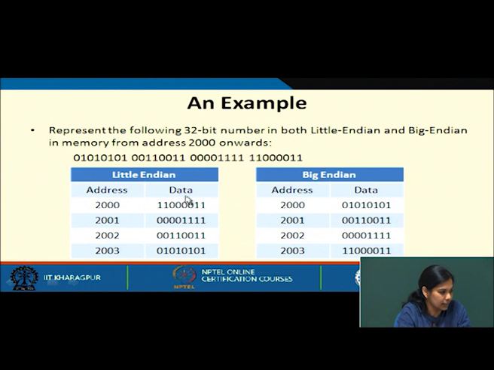And here the higher order byte is stored in lower address, then the next byte, then the next byte and then this one. So, just see the difference between these two. In little endian, what we are storing? This is the least significant byte, we are storing in the least address, that is 2000, and then the next one and next one. In the similar way, the most significant byte, we are storing it in the lower address and then so on.